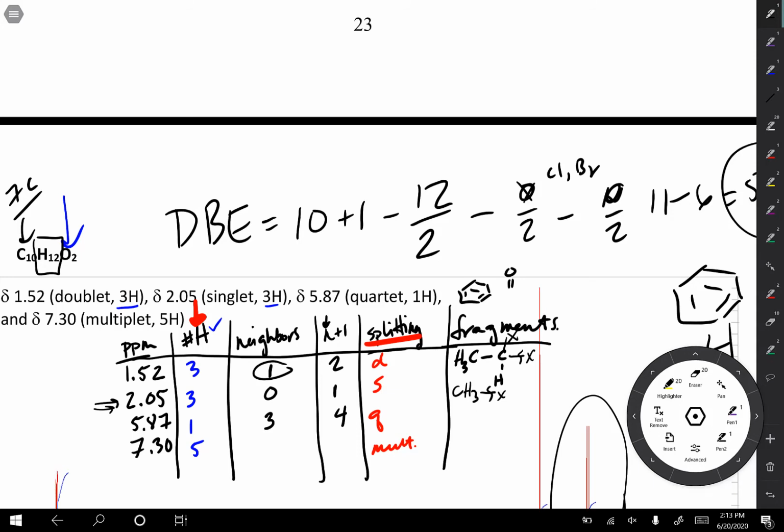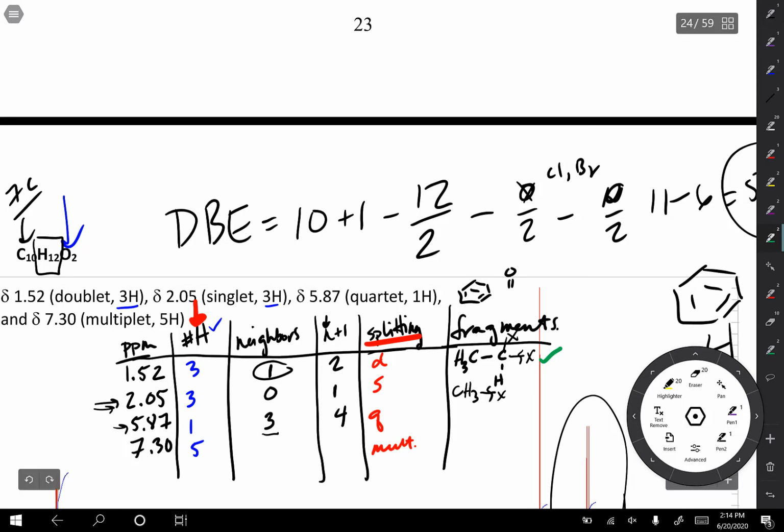All right, let's move to the next one. 5.87. It signifies 1 hydrogen in this molecule. Well, that must be a CH, and it has 3 neighbors. Hey, that's pretty cool because right up here, this 1.52 has a neighbor with just 1 hydrogen.